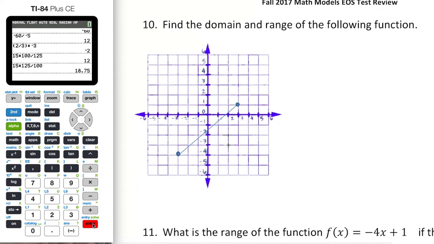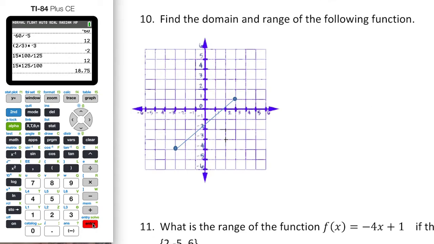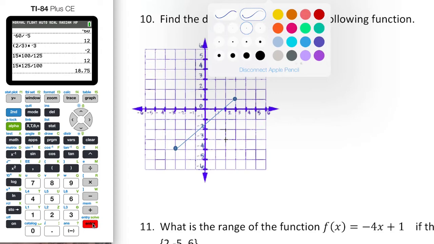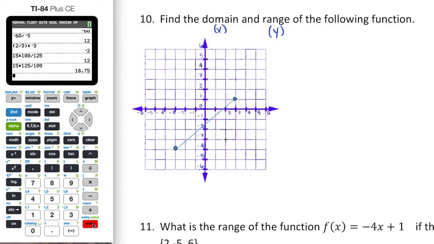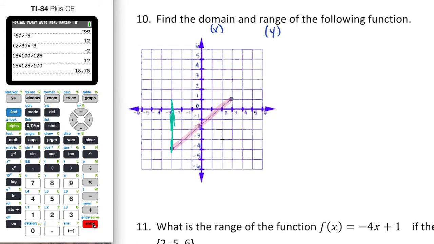All right, find the domain and the range. So our domain is going to be our x values and our range is our y's. This should not be new news. So if we look at this line here, our domain, our x values, the smallest x value we have is this one right here. So that means our smallest x value is at -3.